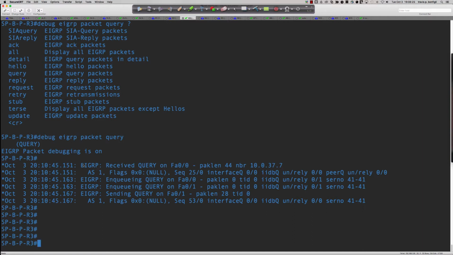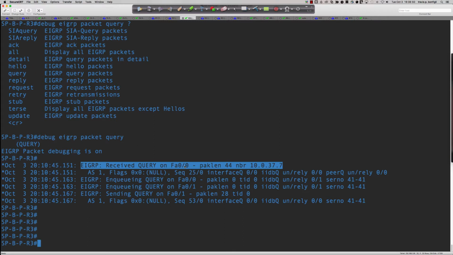So take a look on router 3, received query on FastEthernet 0/0. And that query is from router 7, and that's the only router on FastEthernet 0/0 that can speak with router 3. Router 7 is asking router 3, here's the query: hey, do you know how to get to the 192.168.5.0/24 network? Because I just lost it.